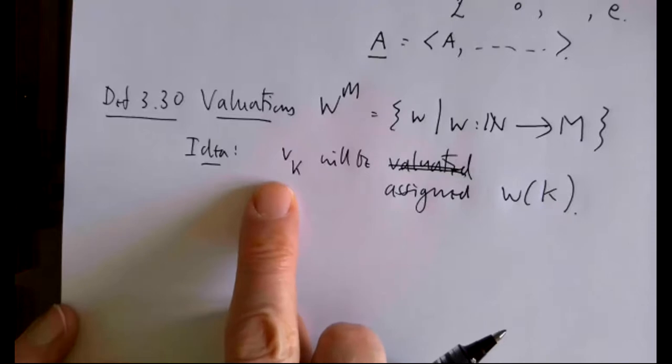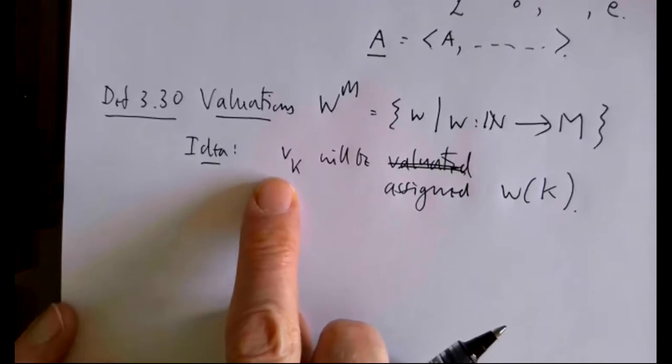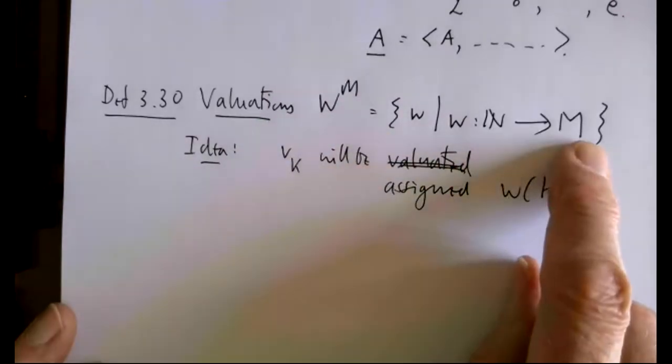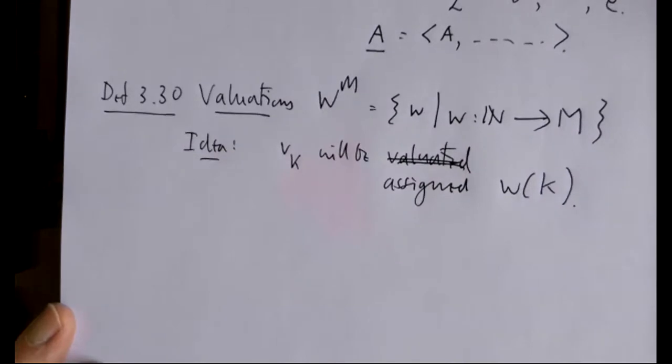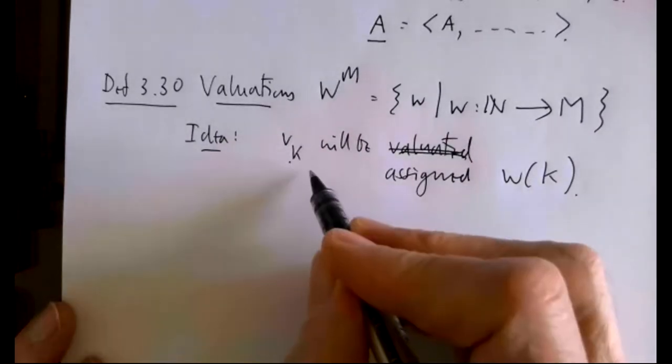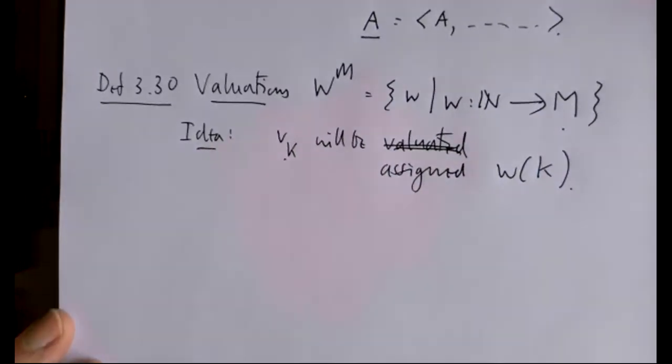So we've got infinitely many variables, V0, V1, V2, and so on. So this W takes care of how we're going to assign an object in M to VK. Okay, so that tells us how to map variables into the structure.